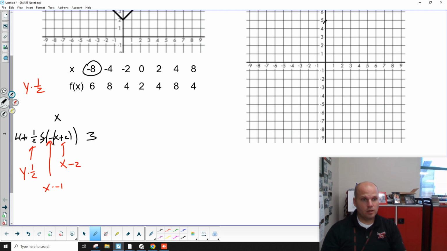Let's look. -8. Let's subtract 2, and then let's take the opposite.